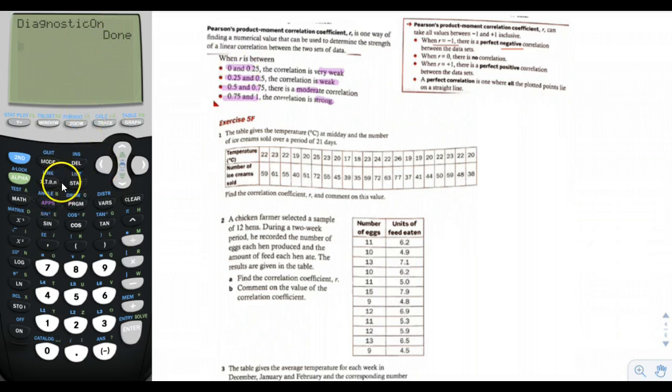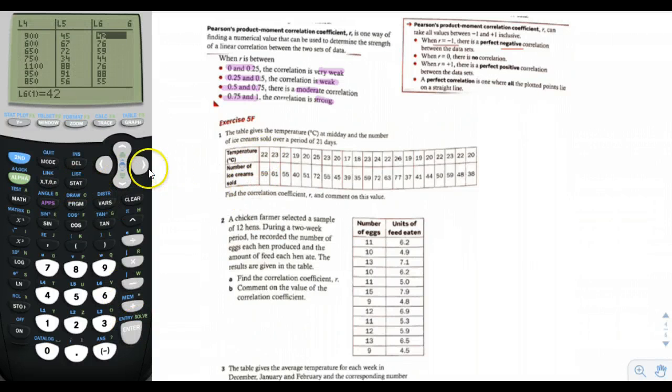Okay, so now we're going to go to stat edit, and we're going to put in this data here. We only have L1 through L6, so I'm going to go back and overwrite the data for L1 and L2. So I'm going to clear out this data, and I'm going to clear out the data for L2.